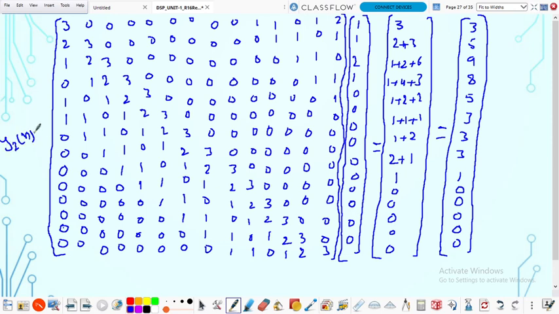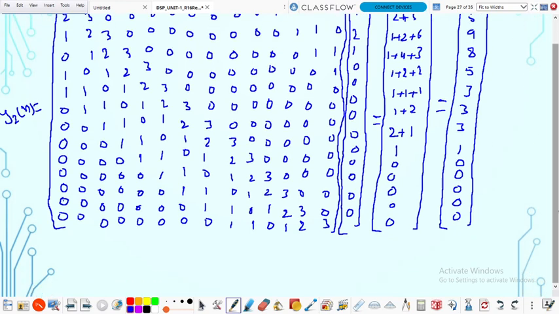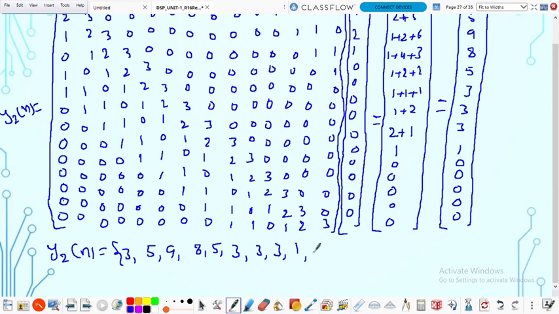Therefore the output of the second sequence y2 of n is equal to 3 5 9 8 5 3 3 3 1 0 0 0 0 0.